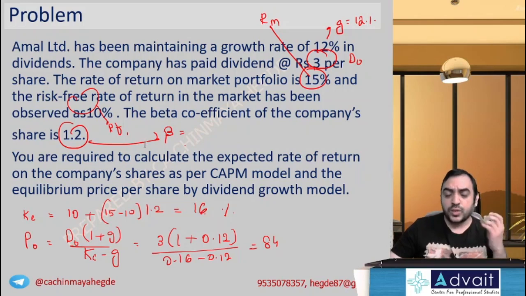Equilibrium price, fair value, fair price, intrinsic value, present value, theoretical value, all are the same. Different names for the value, that's all, because price is market price. Apart from that, everything else is just different names for the value.